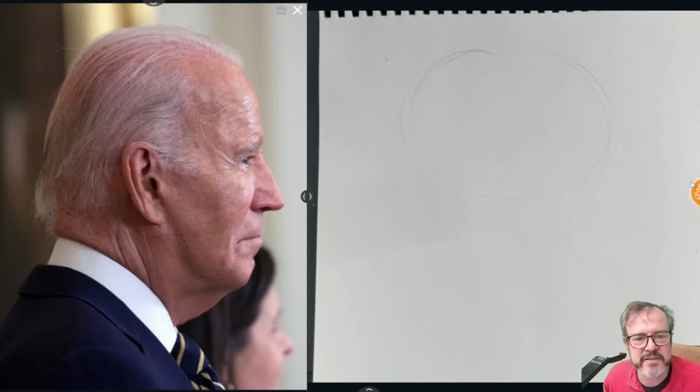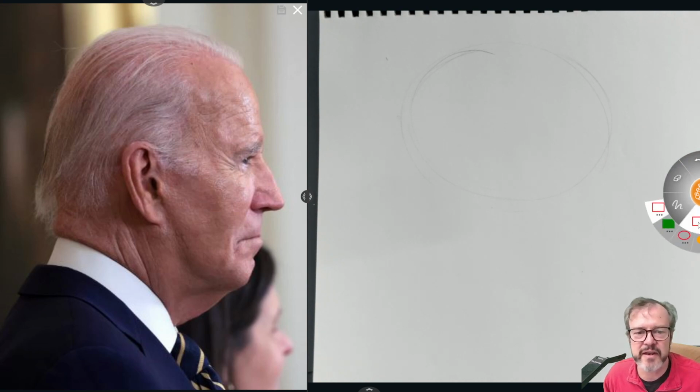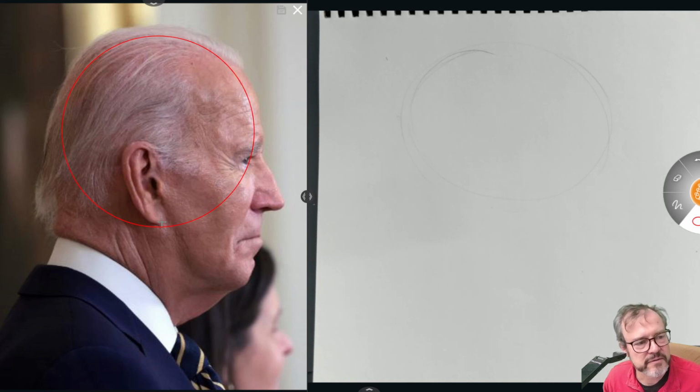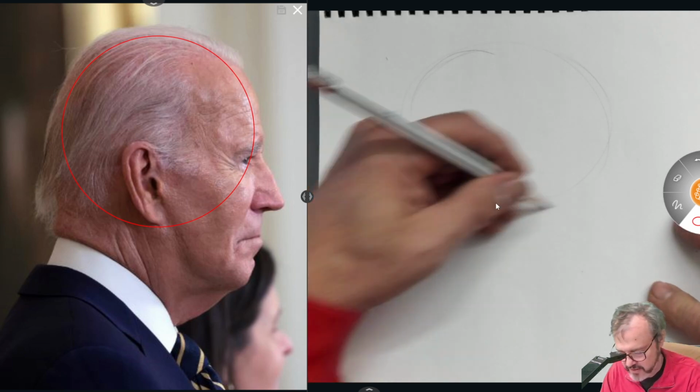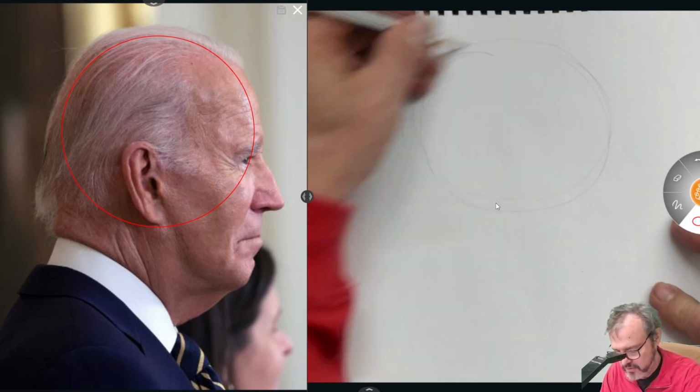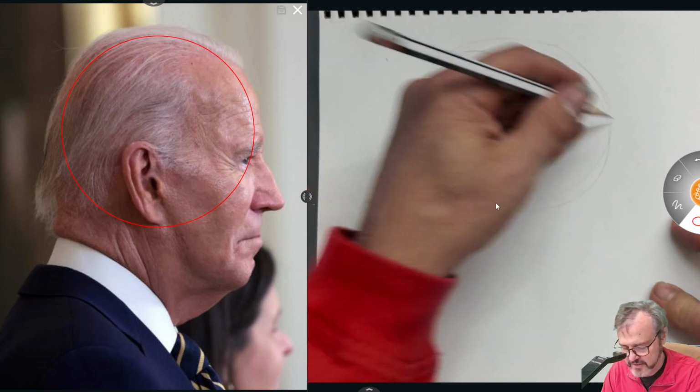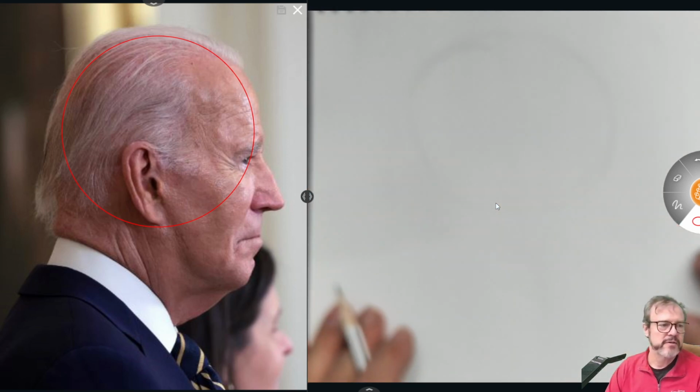Interestingly, we can see his cranium is not as elongated as a typical human cranium. You see how it's really, from the side, a circle, which is not what we typically find, right? Usually the cranium is substantially deeper than it is tall.